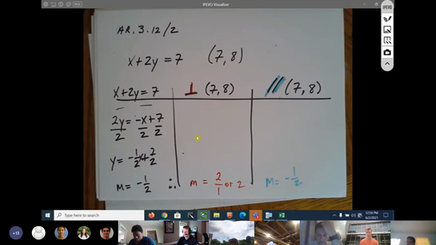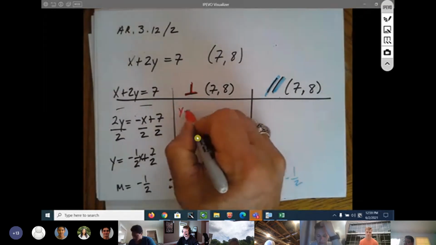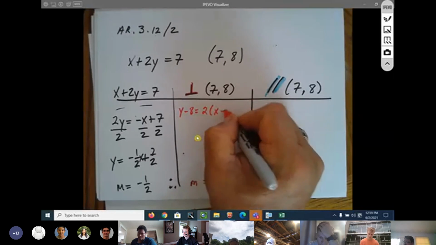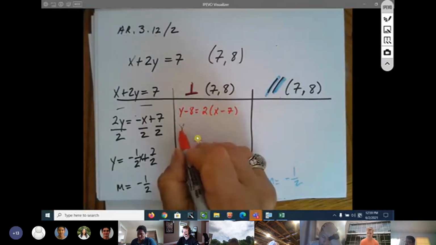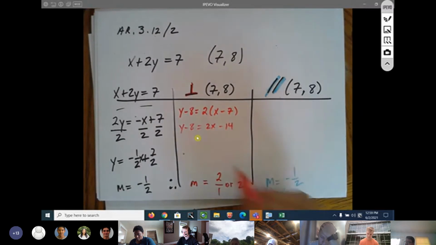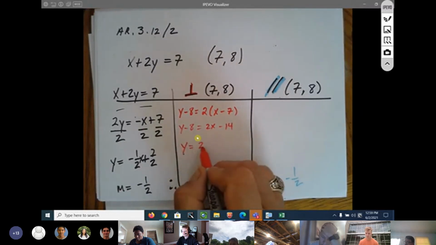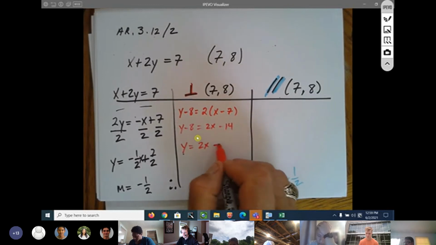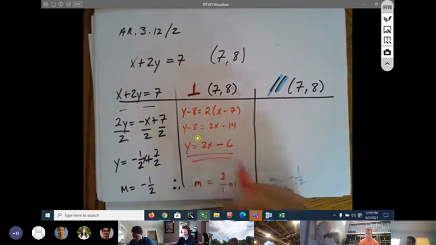So the perpendicular would be y minus 8 is equal to 2 times x minus 7. y minus 8 is equal to 2x minus 14. y is equal to 2x, negative 14 plus 8 is negative 6. Somebody check me.